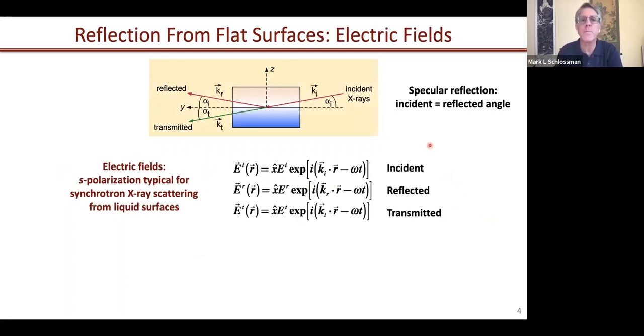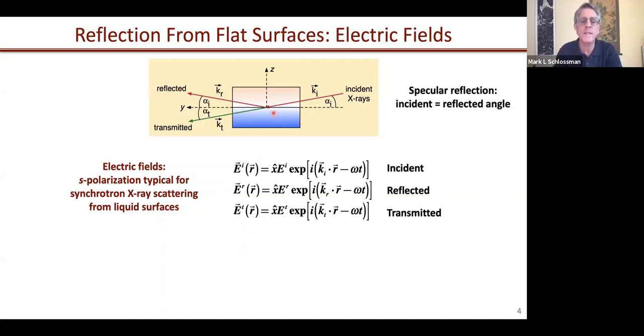Now let's think a little bit about the electric fields. Of course, X-rays are electrodynamic waves, just as visible light is. And so each one of these lines represents a traveling electric field. And so let's just characterize them.